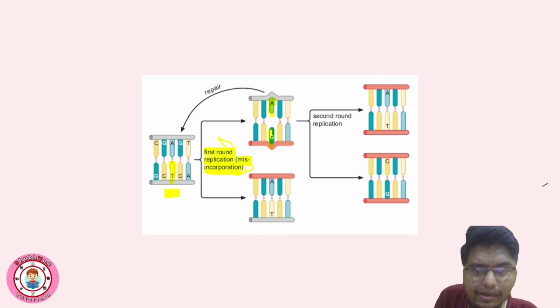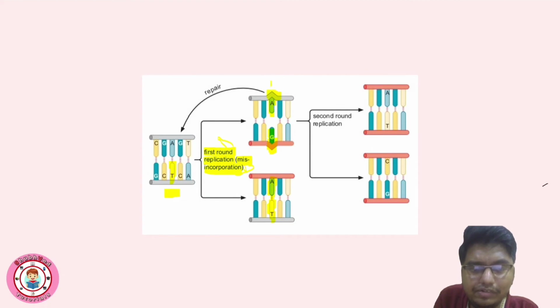It should be T here, but instead of T, G is there, which results in incorrect pairing. There is no pairing basically, and this is known as distortion. This is the correct one, A and T. One strand is correct, one strand is incorrect.